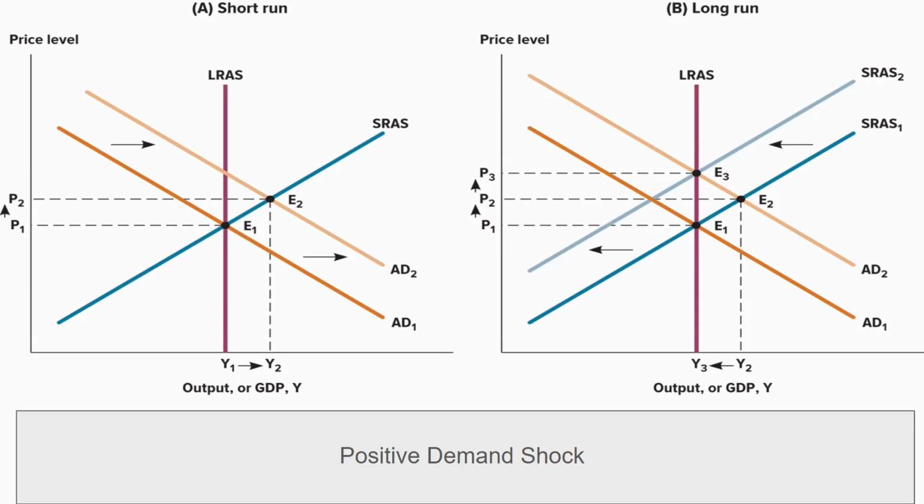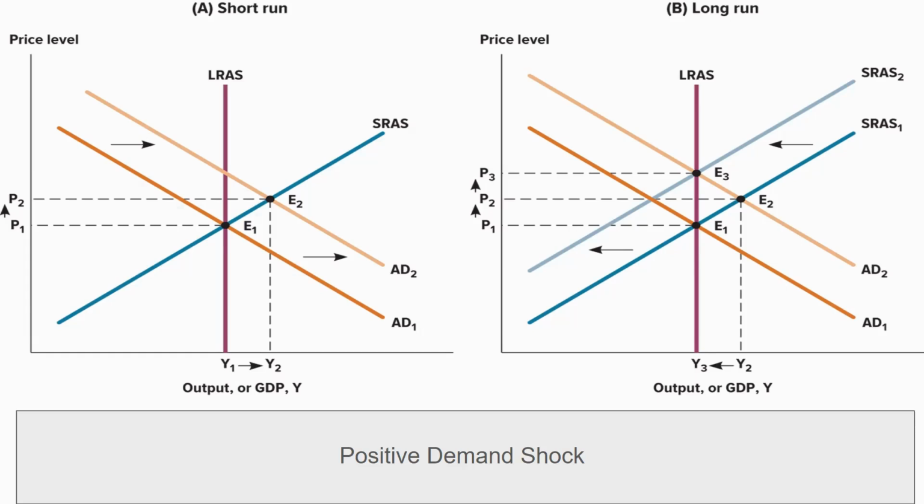So if there's a positive demand shock, such as a decrease in taxes for consumers and or decrease in taxes for investors or investments like businesses, and there's more confidence in the product that they want to buy, either with consumers, or there's more confidence in the investment they want to make for businesses, we see a positive demand shock.